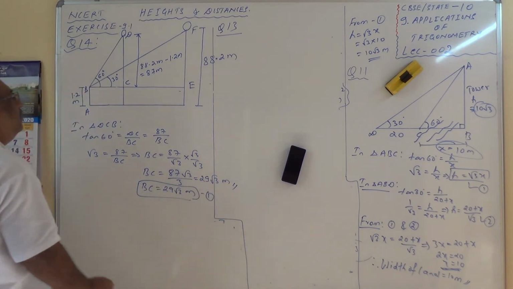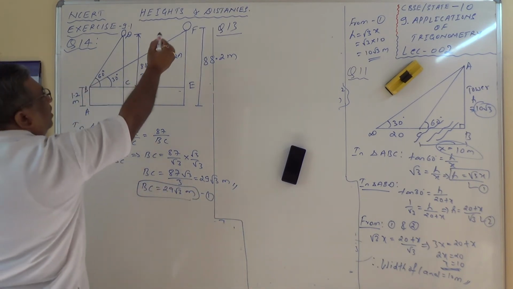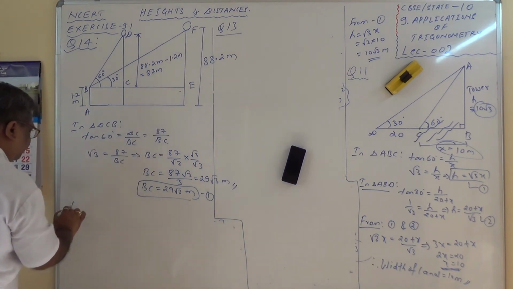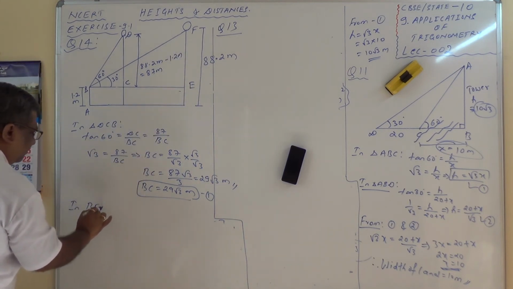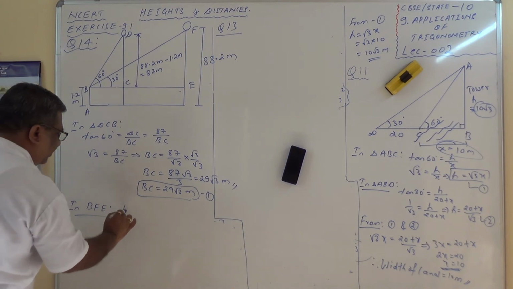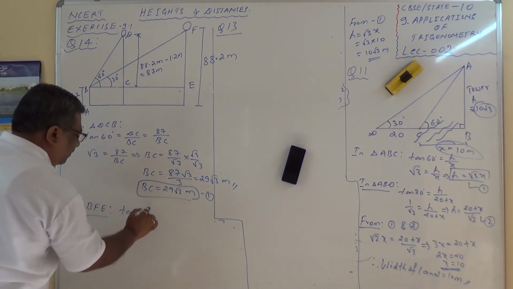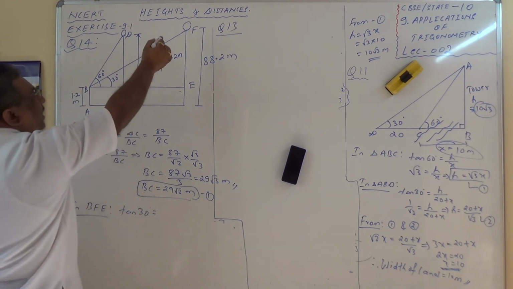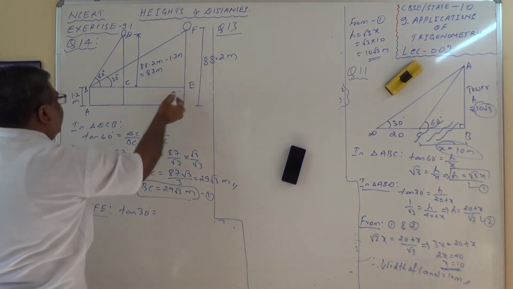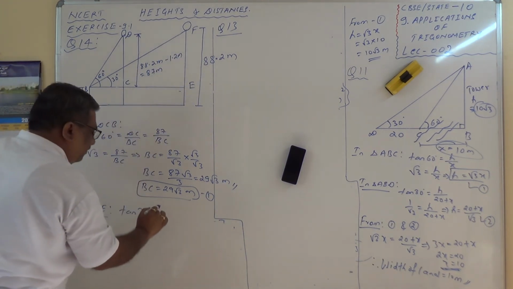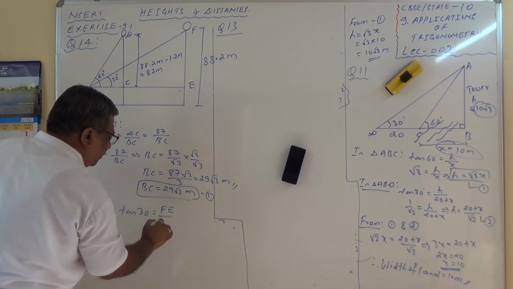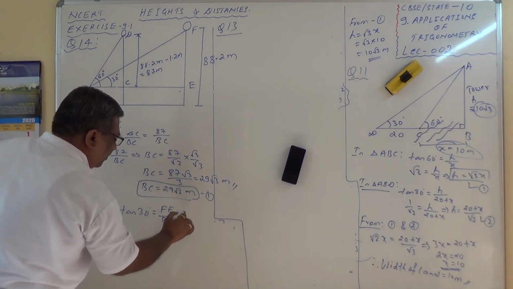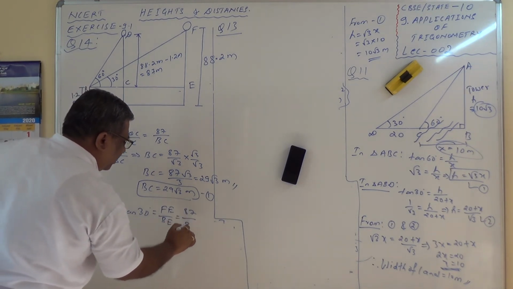Now, in triangle BFE, tan 30 degrees equals FE divided by BE, which is equal to 87 divided by BE.